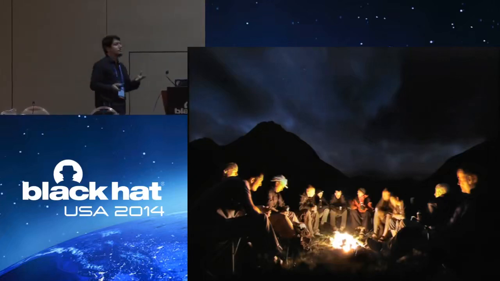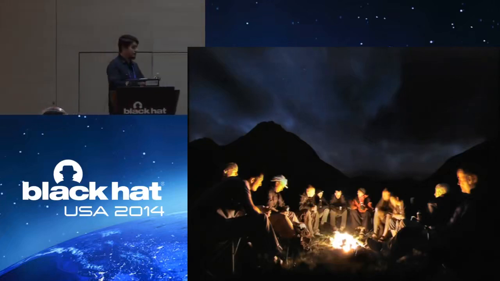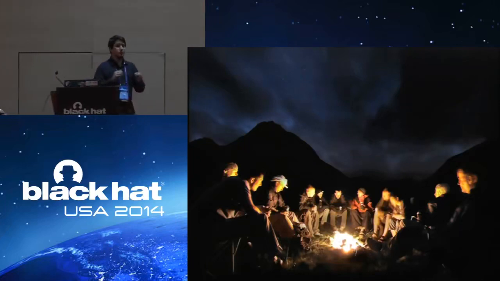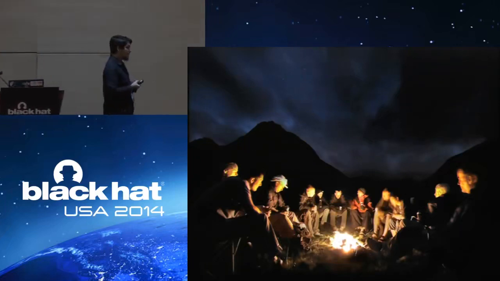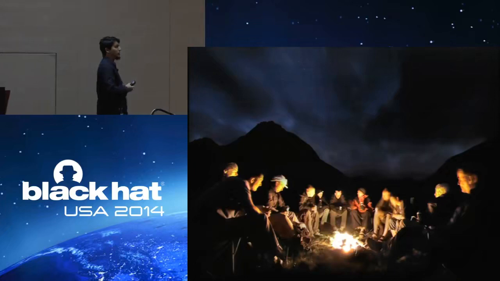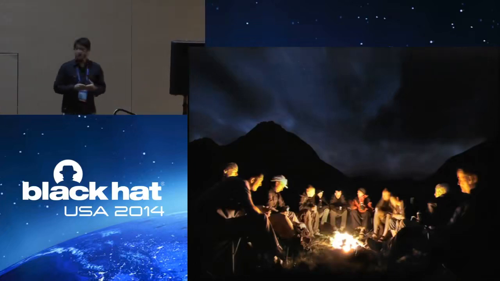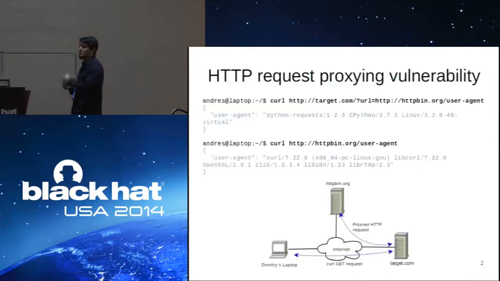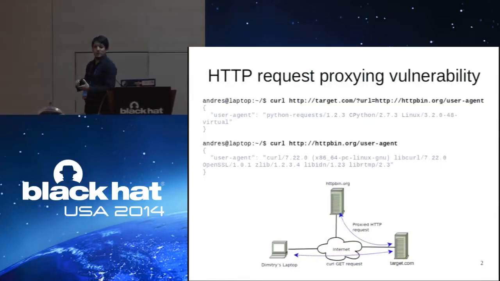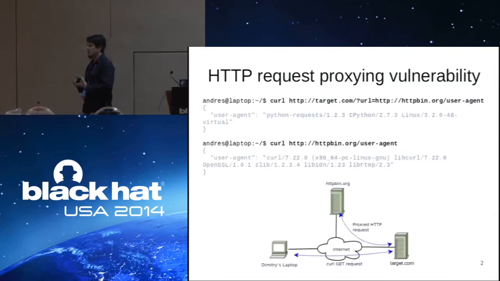So let's get started with the first thing that I found, the first vulnerability, and the only one that's not related with a misconfiguration in Amazon. I found this very simple vulnerability. This is an HTTP request proxying vulnerability.